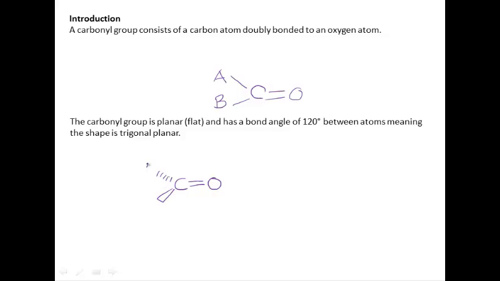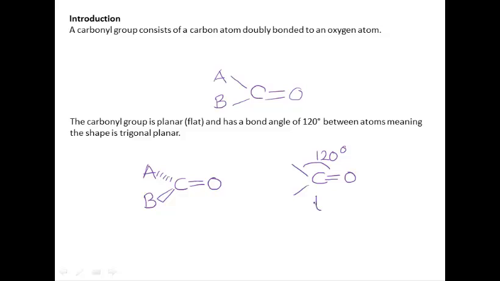The dashed bond shows that that group is going back into the page, and the wedged bond that it's coming out towards you. And around this carbonyl group we have a bond angle of 120 degrees.